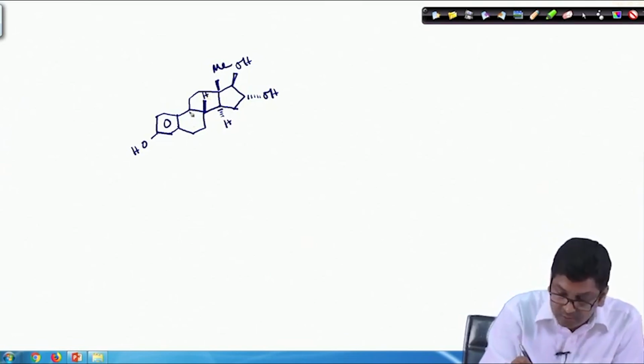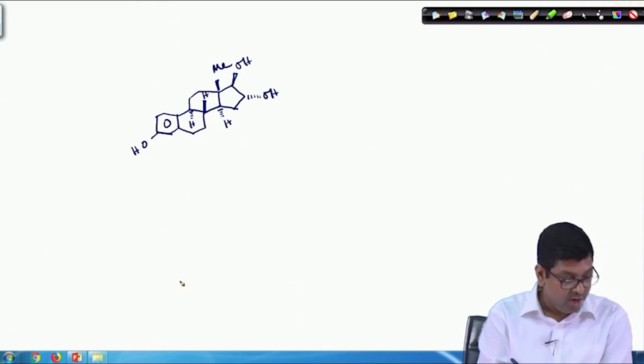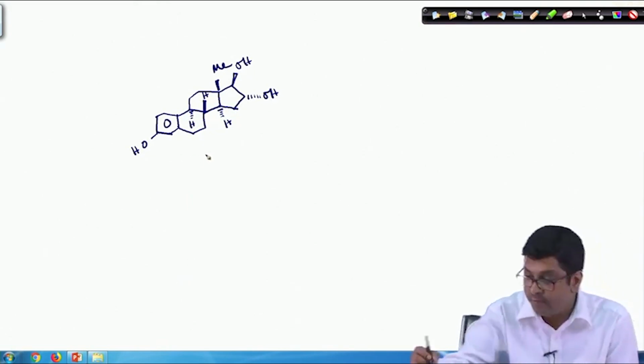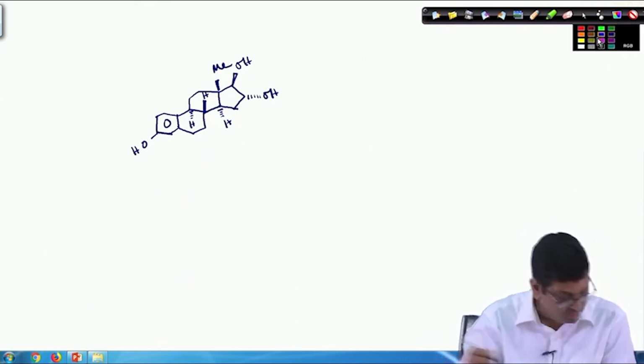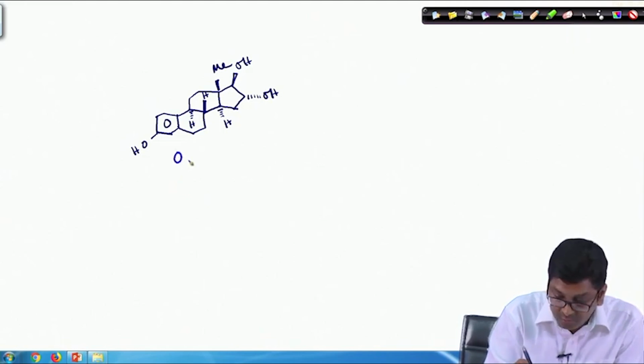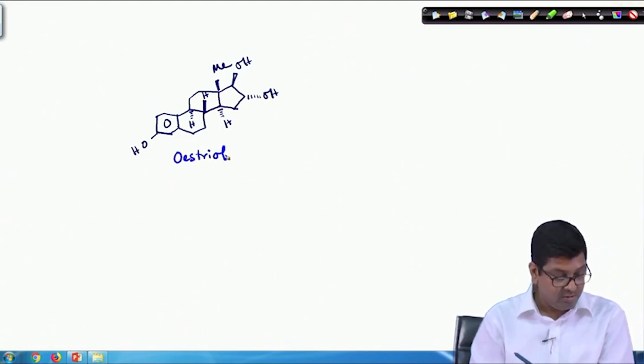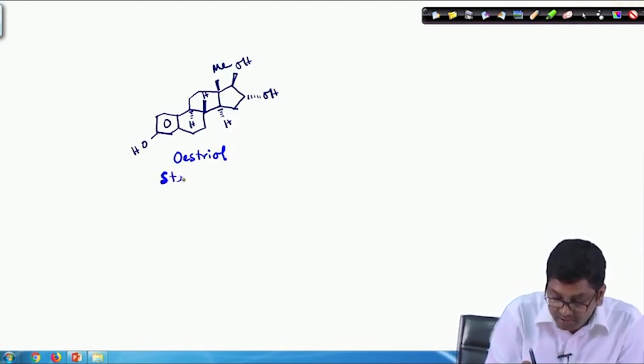Okay. So, this is the corresponding steroid molecule. The name of this molecule is oestrol, and this is a steroid moiety.